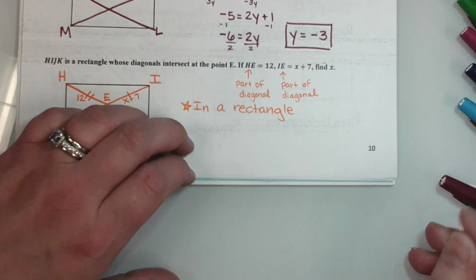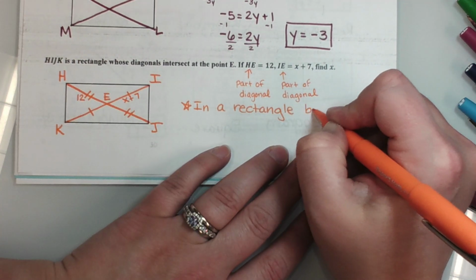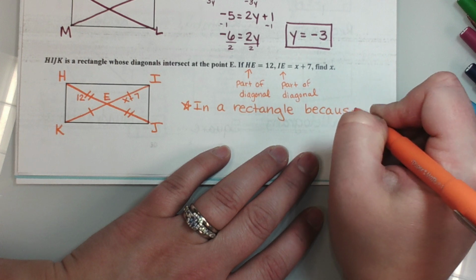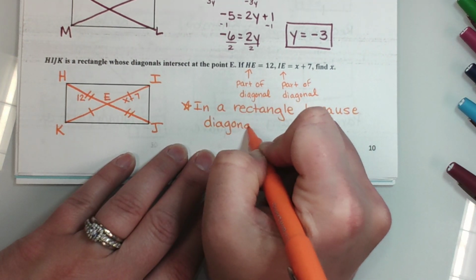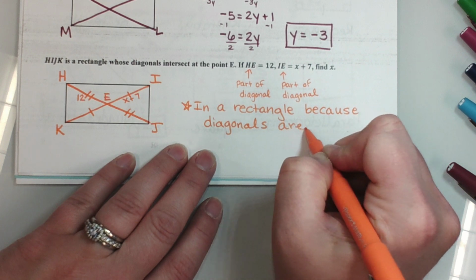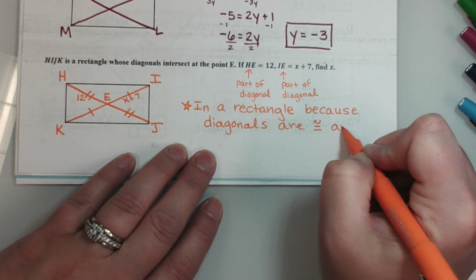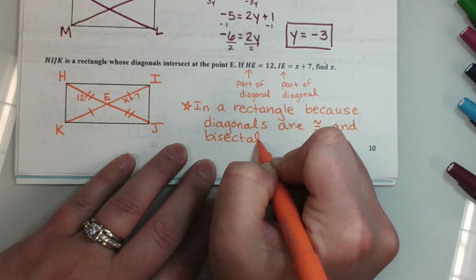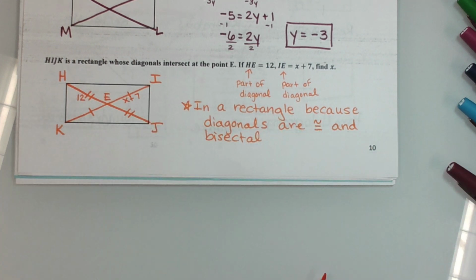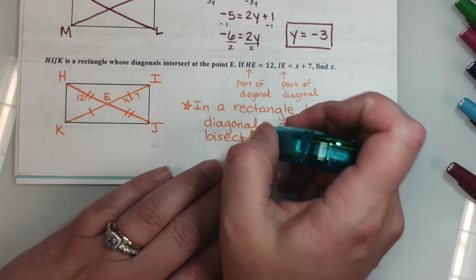In a rectangle, because diagonals are congruent and bisected. Let's try bisected, not bisectal.